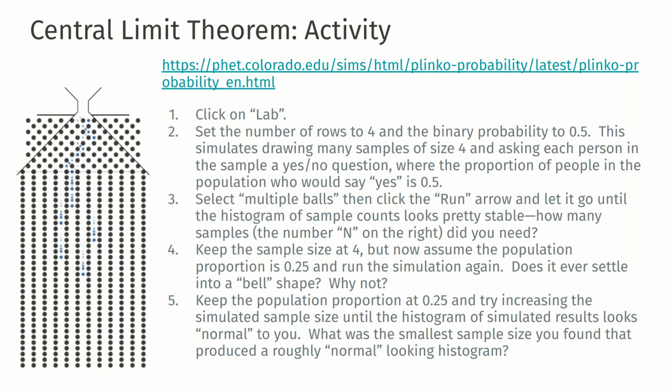So if you keep putting that larger and larger, check and see how large it needs to be before the histogram of simulated results ends up looking at least approximately normal to you. And let's see what you can find for the smallest sample size that produces a roughly normal looking histogram when you let the Plinko game play out as you do.